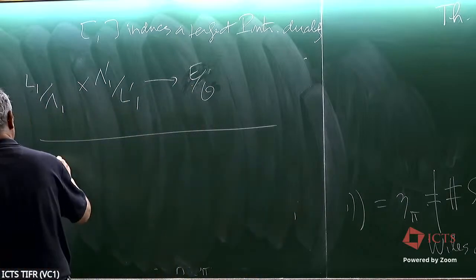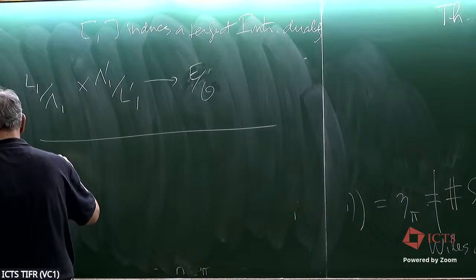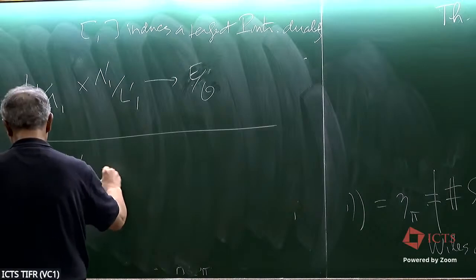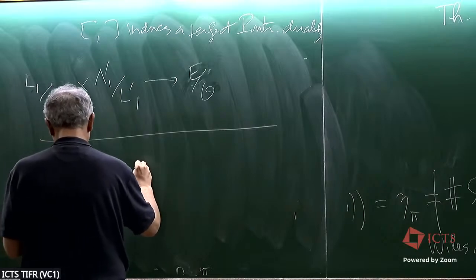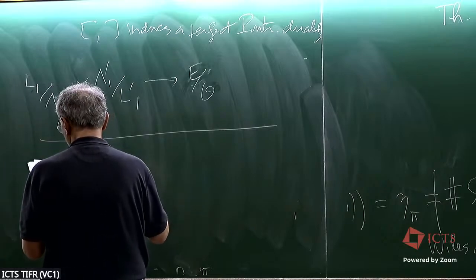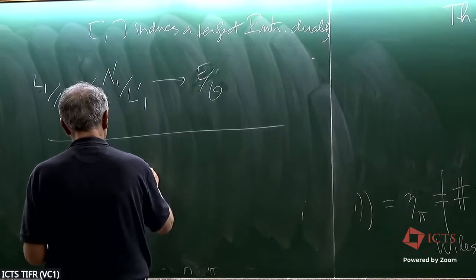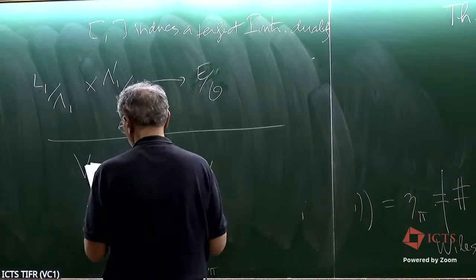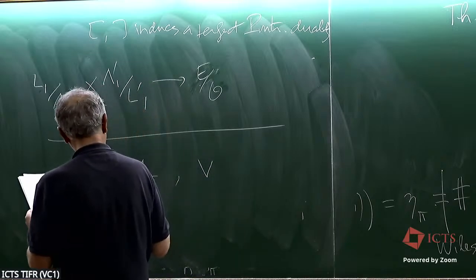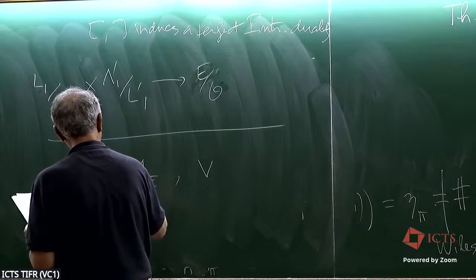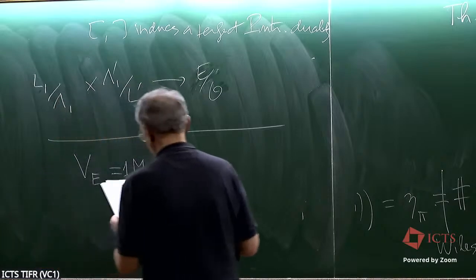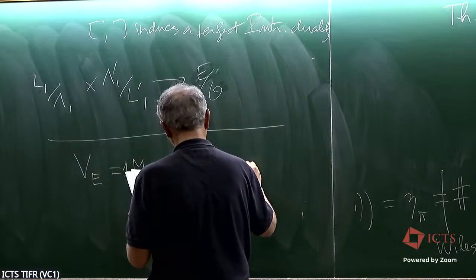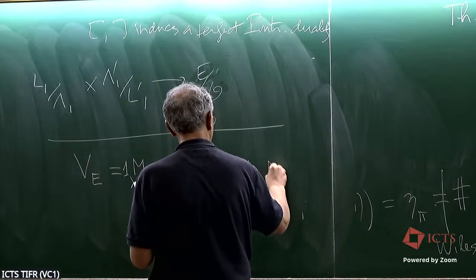For us, we will consider V_E to be M_E. Actually, it's even more trivial for us. It will be 1_lambda M_E, and V prime_E will be 1_lambda N_E.